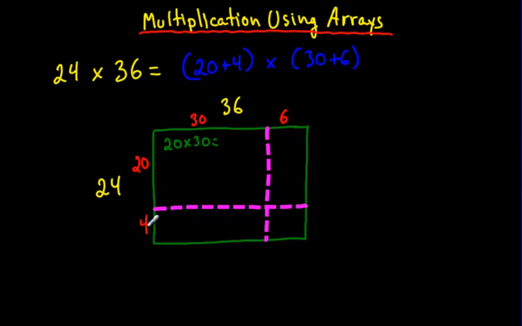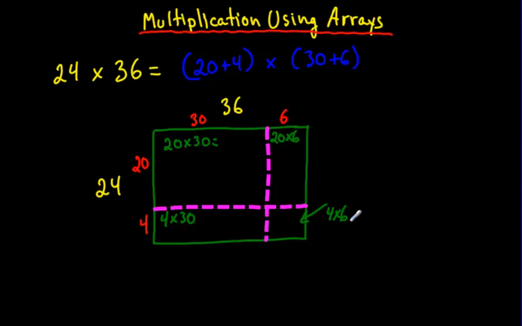And down here, this section is 4, this section is 30, so this little area we're trying to figure out is 4 times 30. All the way over here, this part is 20, this part is 6, so we're trying to figure out 20 times 6 here. And in this little bottom corner, that's going to be our smallest piece of this array, and that represents 4 times 6.